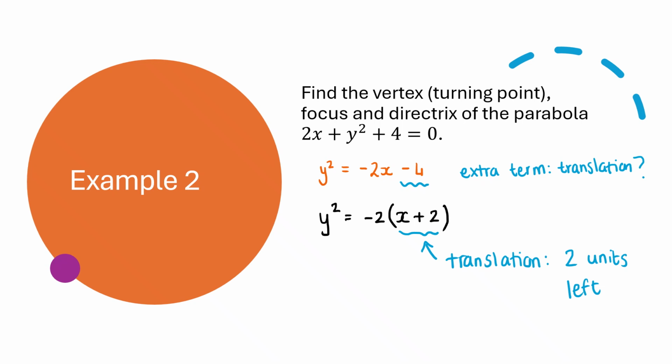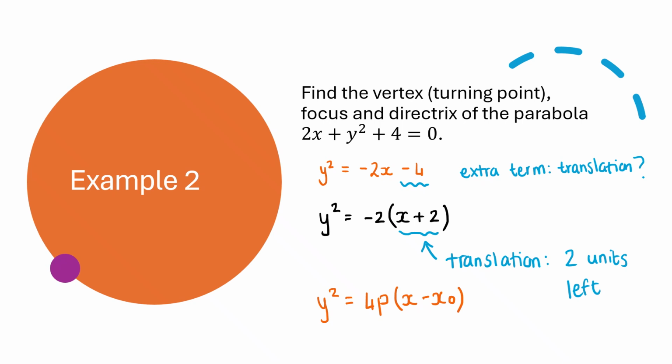All right, now let's compare and see what type of parabola we are looking at. The standard form, if we have a y squared, would be y squared is equal to 4px. Because we have an x raised to the power 1, but a y being squared, we are dealing with a horizontal parabola, or a parabola that's lying on its side.